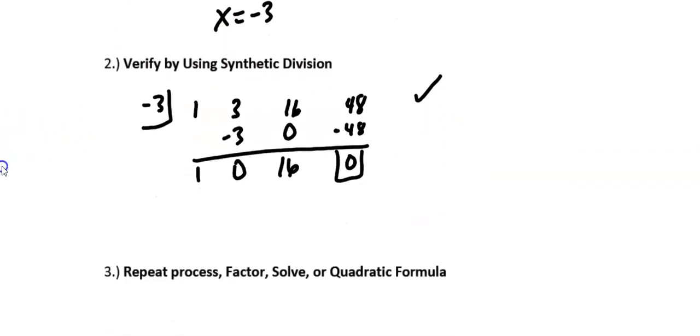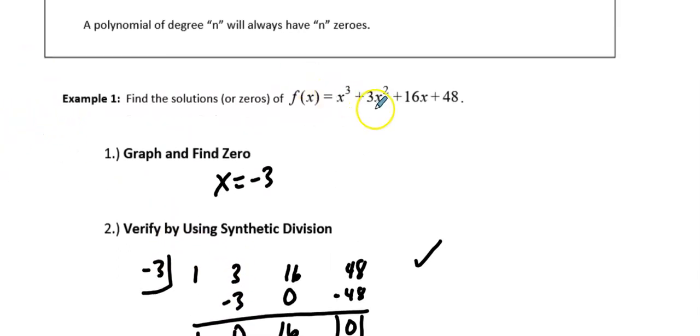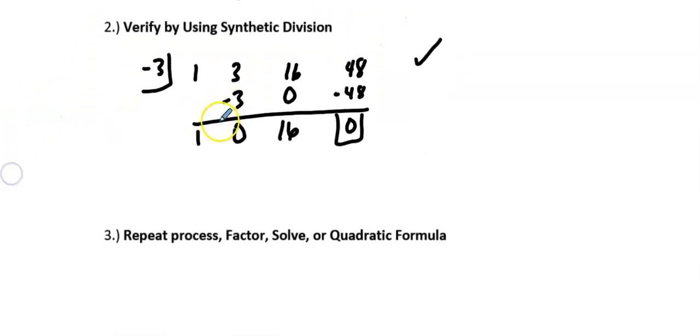But now we can take what's left, given that we started with a cube or degree of 3, so we know the remaining polynomial is x squared, 0x, and then a constant of 16. So we got x squared plus 16. So we can solve that using our square root method.